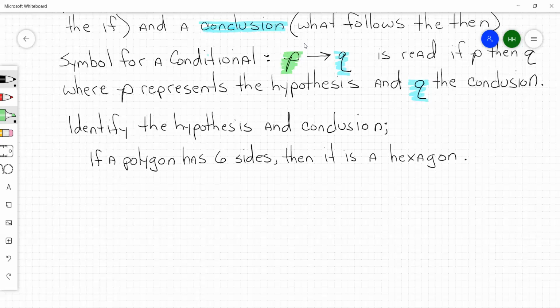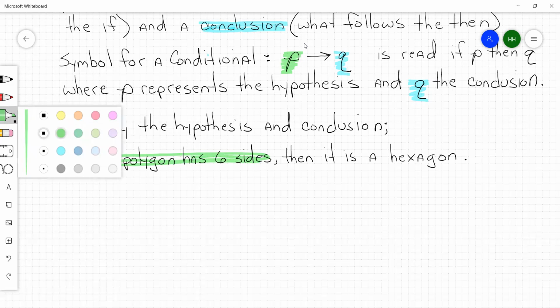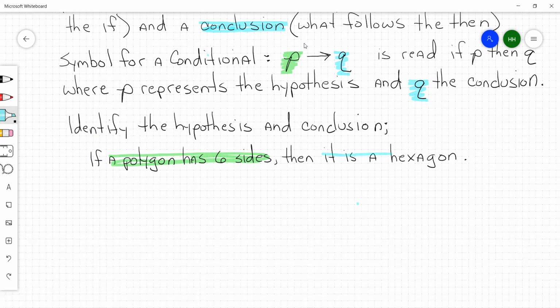And in order to save some time on writing, we'll just continue to use colors. The hypothesis of this statement is that a polygon has 6 sides. The conclusion to this statement is that it is a hexagon. It's that simple.